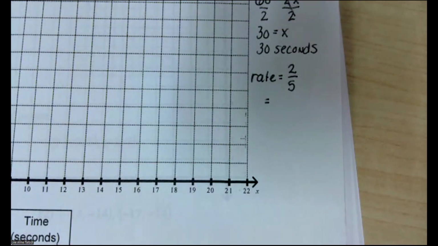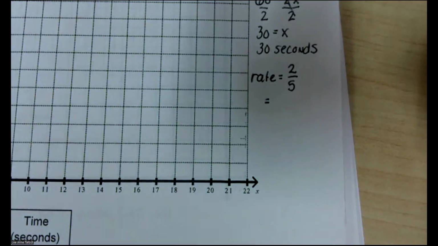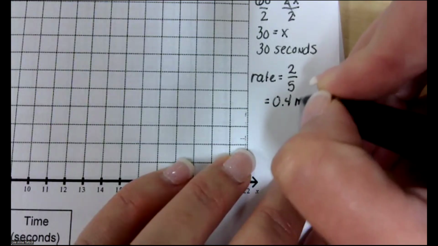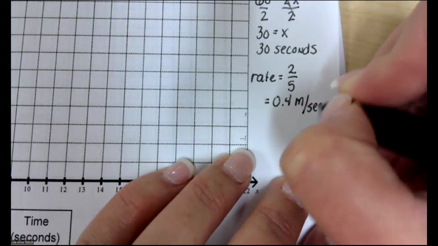What is 2 divided by 5? 0.4. So 0.4 meters per second.